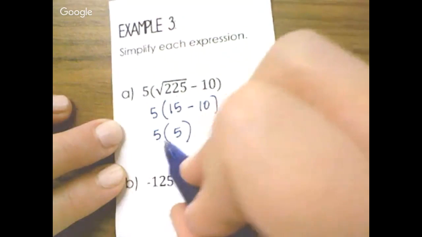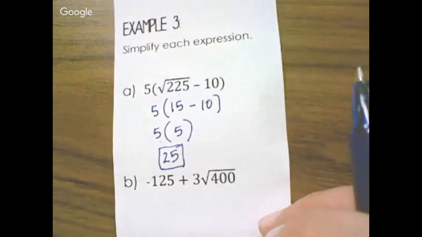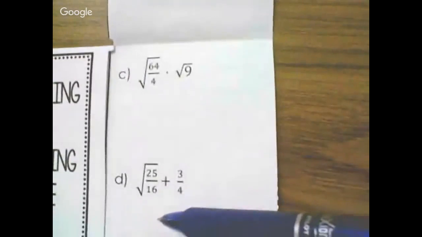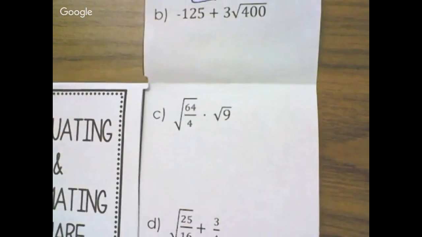So I have 5, and then 15 minus 10 is also 5. 5 times 5 is 25. Okay. B, C, and D, I want you to do on your own. We'll talk about in class.